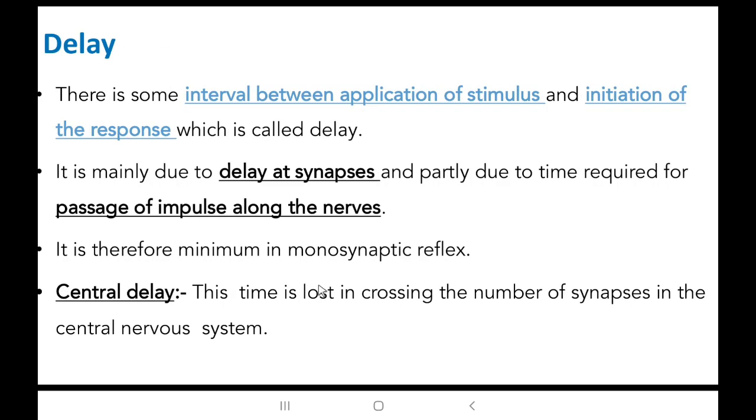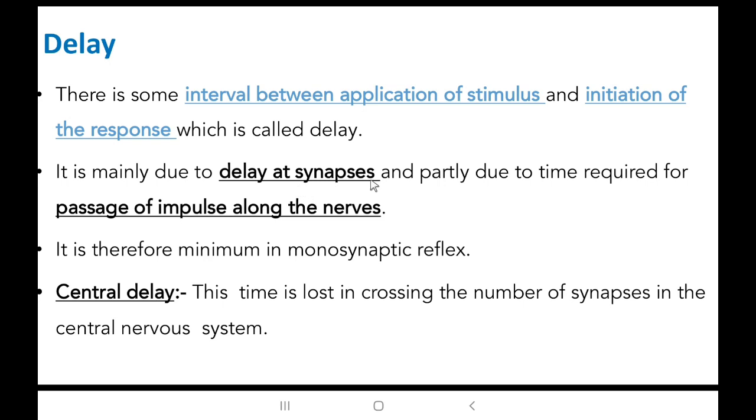Second property, delay. I think you all are familiar with this property. There is some interval between application of the stimulus and initiation of the response, and that interval is called delay. It is mainly due to synapses.